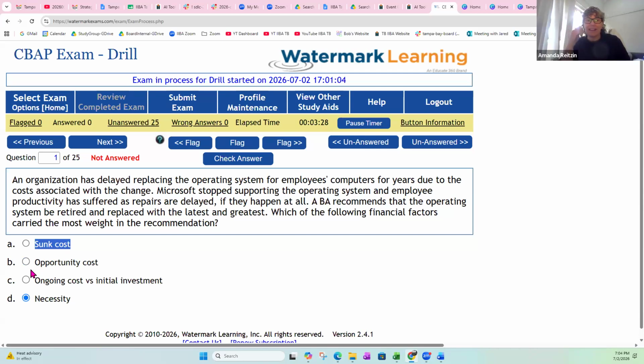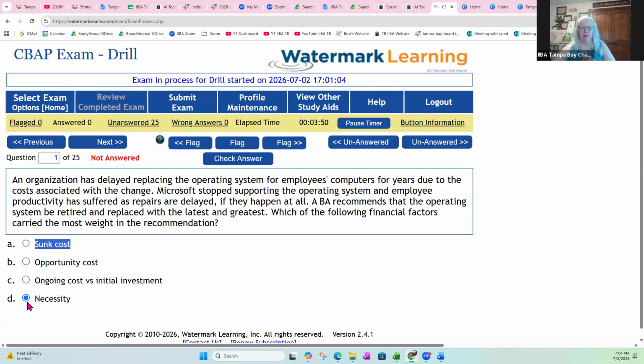I just feel like the BA recommended the operating system be retired. So it's talking about retiring the existing environment. So it's kind of like lifespan, right? So I thought necessity is a need for them to consider.